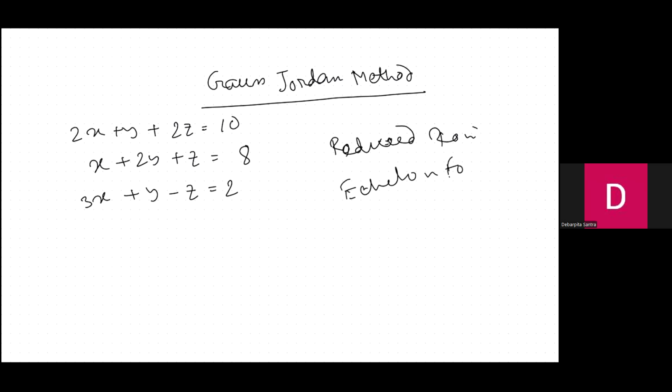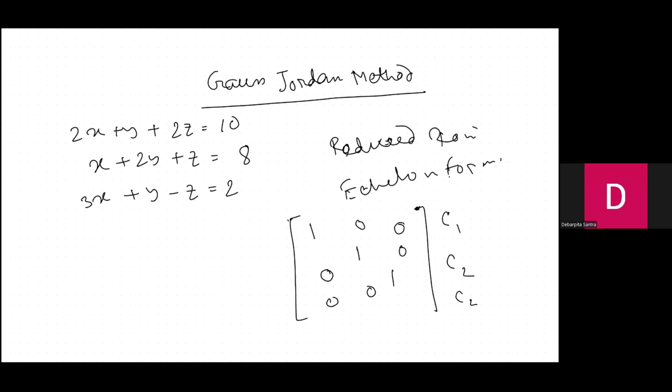In the Gauss elimination method, we found the matrix in row echelon form, but in the Gauss Jordan method, we will find a matrix called the reduced row echelon form, and it is like this: only the diagonal values will be 1, and all the remaining values will be 0. On the right hand side of the augmented matrix, the values can be anything, say C1, C2, C3.